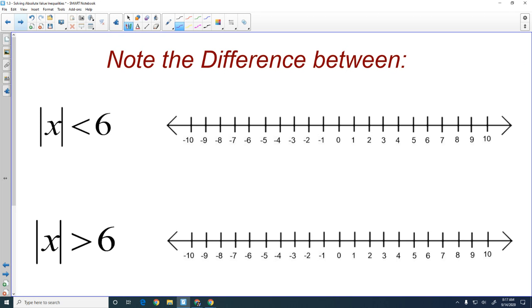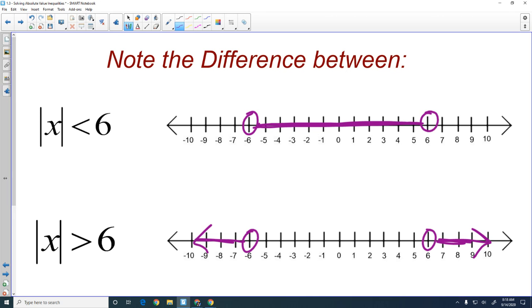This first one, absolute value of x is less than 6. I know it's going to go from negative 6 to positive 6, and it's going to be a bridge in between the two. For that bottom one, I know it's also going to go from negative 6 to positive 6, but in this case, it's going to be opposite arrows.